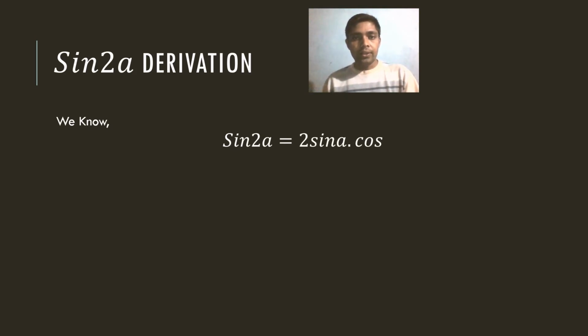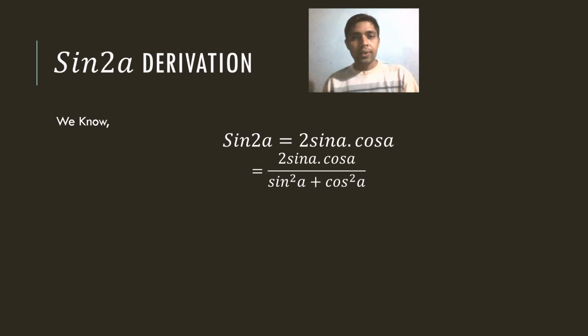In the next step we'll divide by 1, that is sin square a plus cos square a. We can divide or multiply any term by 1.